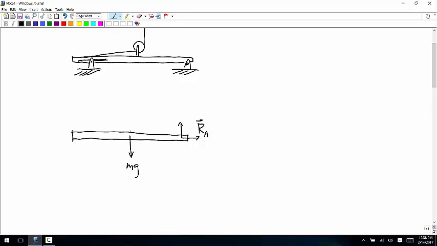Right, it's just like a fixed joint. With a fixed joint, you have a full force vector and a couple. So I'll put that in as force on the beam by the pulley vector, and then you also have a couple that I'll call M on the beam by the pulley.